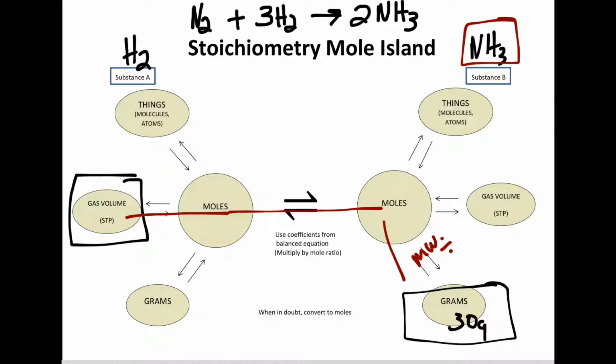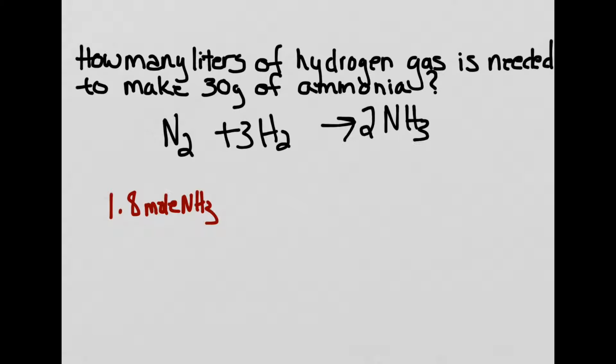Okay, so we're at 1.8 moles of ammonia. And you can see we're still on our ammonia side. And now we are going to go over to the hydrogen side, and we're going to do that by multiplying by the mole ratio. Okay, so let's multiply by our mole ratio. And remember, we want to get rid of our ammonia, and we're going to hydrogen gas.